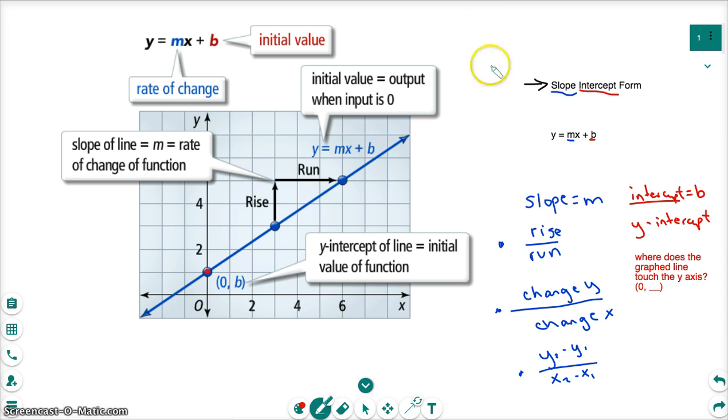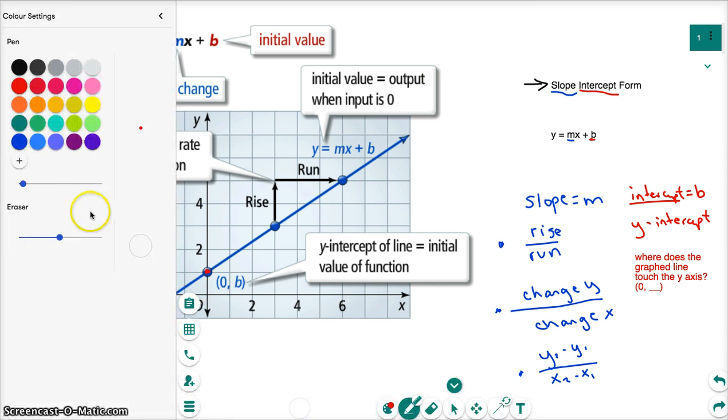For example, an example of an equation, let me change colors here so we can follow along, would be y equals, and the slope, maybe we could do the slope of 3. We still need our x in there because that's what's going to help us with our equation, 3x plus, and the intercept, let's do 2.